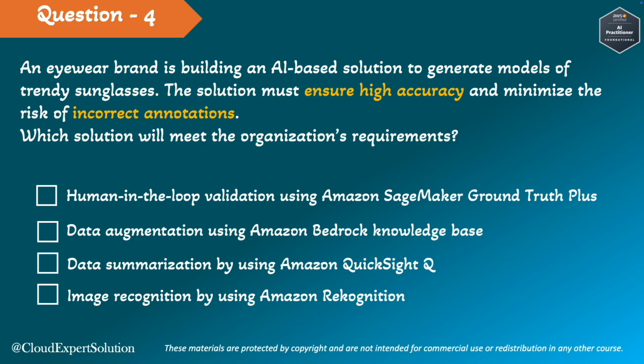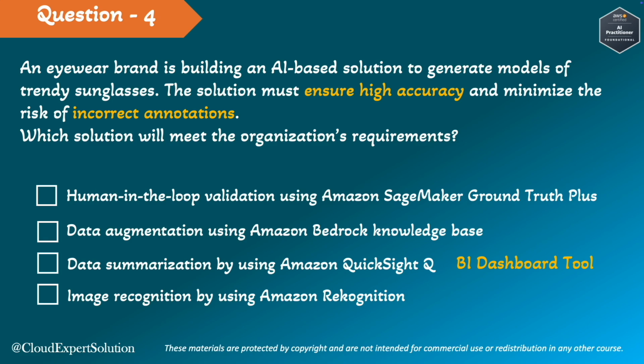Now let's review the answers and select the most appropriate answer. For this, again we'll use the method of elimination and we'll hash out all the obvious incorrect options. To start with, the third option. It is talking about data summarization by using Amazon QuickSight Q. Amazon QuickSight Q is a business intelligence or BI tool for data analysis and visualization.